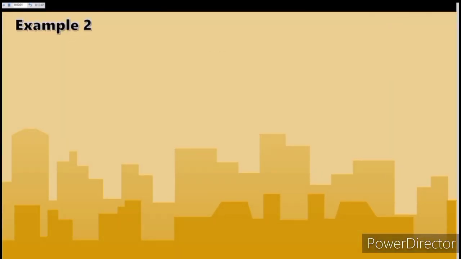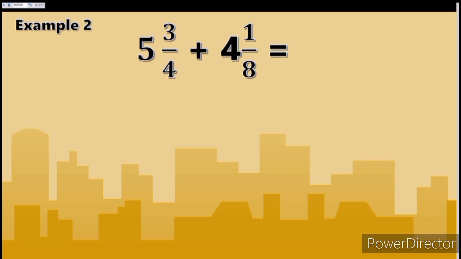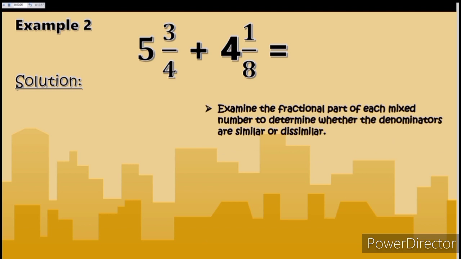Let's try this given example. 5 and 3/4 plus 4 and 1/8. For our solution, examine the fractional part of each mixed number to determine whether the denominators are similar or dissimilar. Our fractions are 3/4 and 1/8. They are dissimilar fractions.